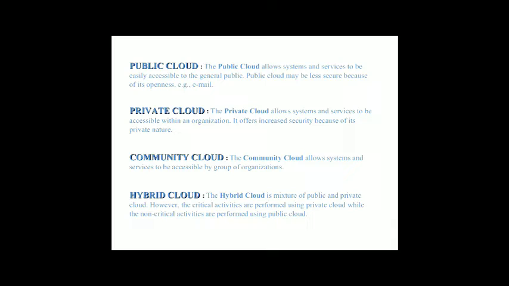The critical activities are performed using the private cloud, while the non-critical activities are performed using the public cloud. For example, suppose we use an ATM machine. The ATM is connected to the bank, and simultaneously the public uses that ATM, so the data is shared publicly and also within the bank system. This is one example of a hybrid cloud.